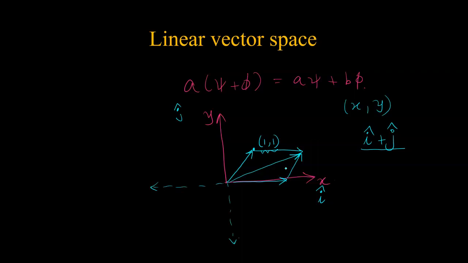So associativity is proved. There is a null vector because 0 is over here, and there is always an inverse vector like this, which is -1 -1, so that if it is added you will get the null value. And the linear combination rule is also there. You can check this yourself. And identity is also there. If you multiply this vector by a number 1, then you will get the same vector again. So this is the existence of identity.